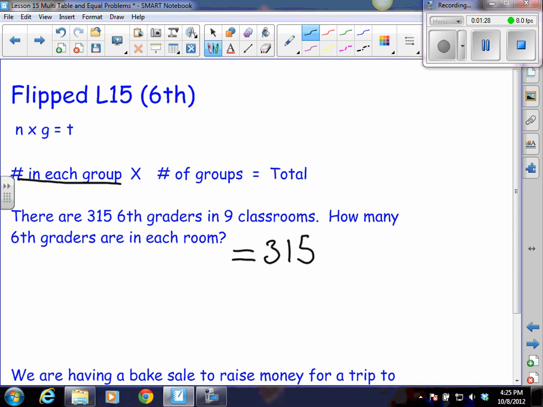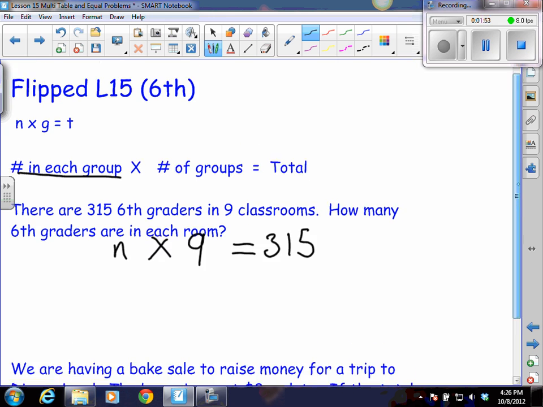Next it says in 9 classrooms. And so we have to ask ourselves, is that the number in each group or is that the number of groups? And in this case, our 9 is going to be the number of groups, which is going to leave us with an equation of n times 9 equals 315.